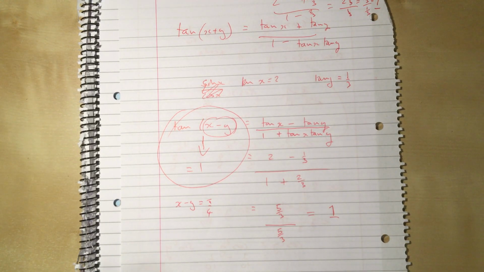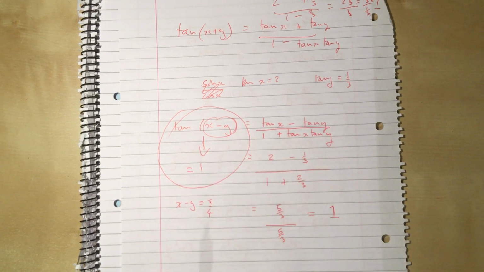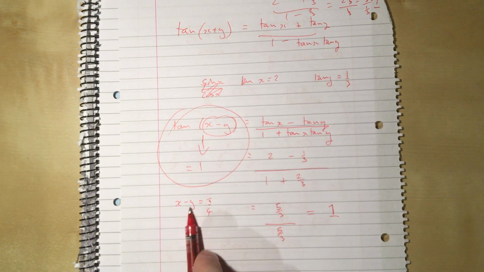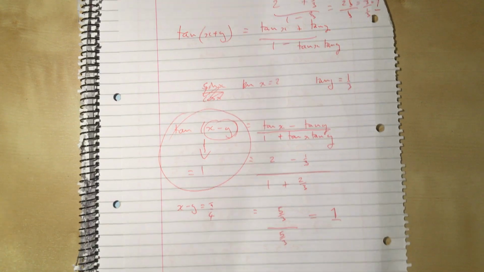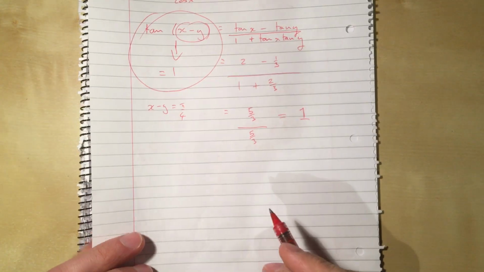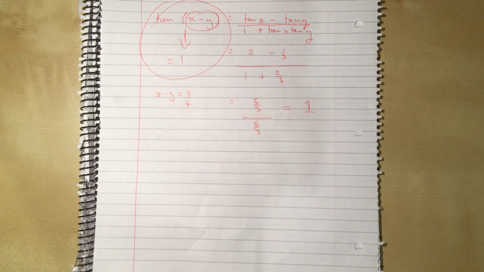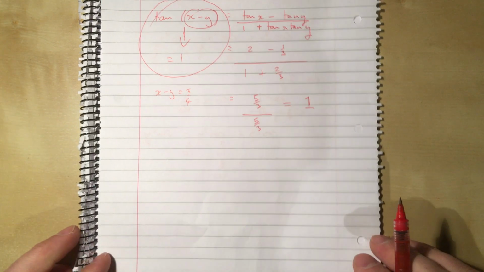You could say, well, what about other values? Tan of something being equal to 1 doesn't necessarily mean 45 degrees, but I know that x and y are both acute angles. So I'm going to have either a positive or a negative acute angle. If you're doing two acute angles, one take away the other, then the smallest you could get is minus 90 degrees, and the biggest you get is 90 degrees.